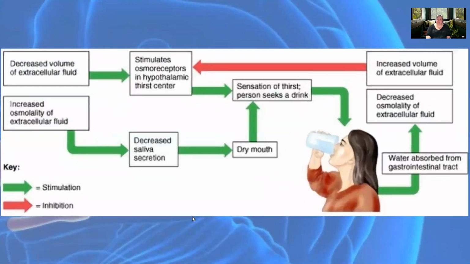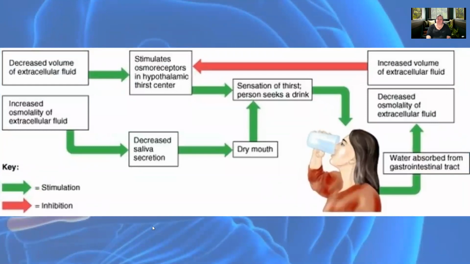I really liked this figure that I found that shows a map of the mechanism of thirst. We've got a decreased volume of extracellular fluid, or an increased osmolality of extracellular fluid.